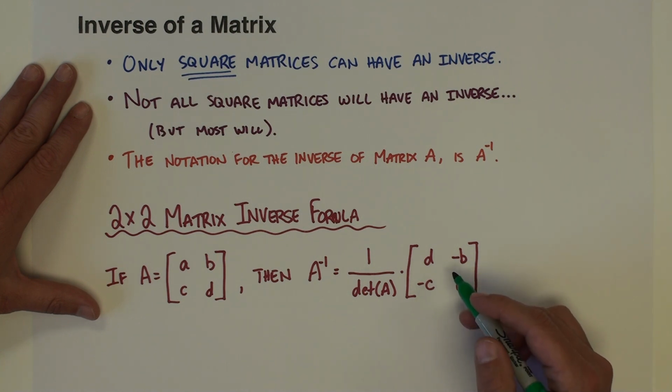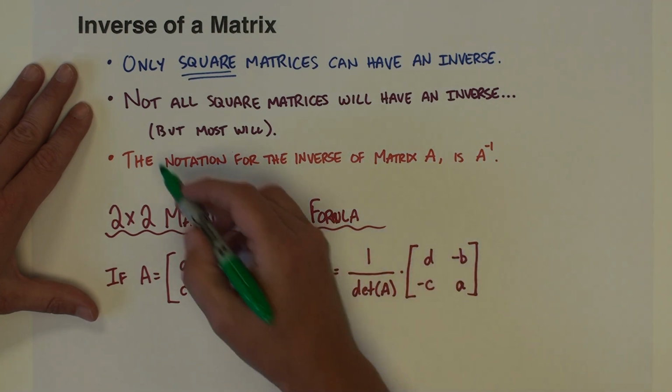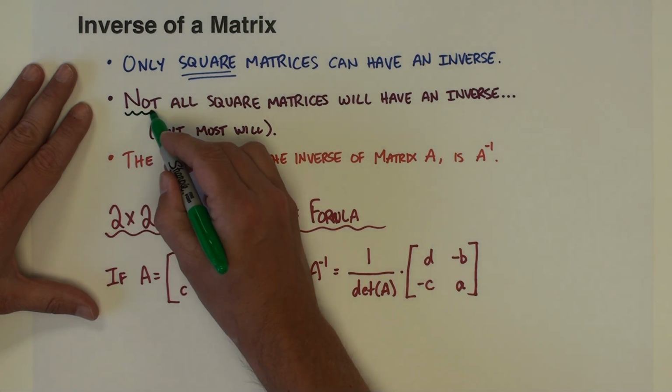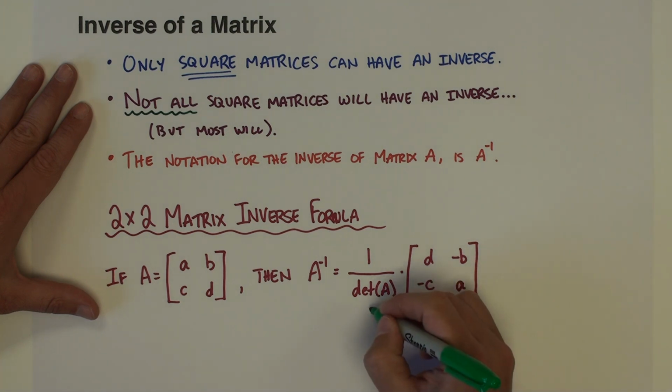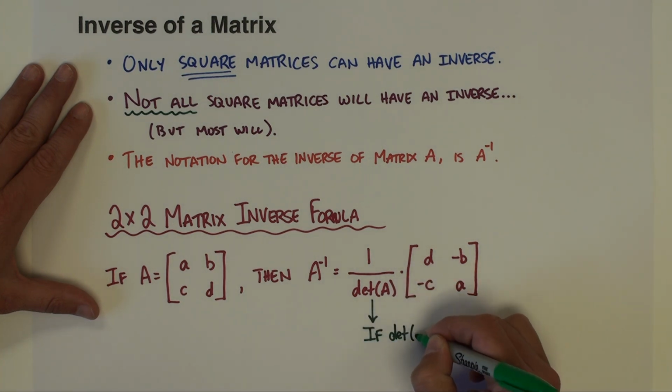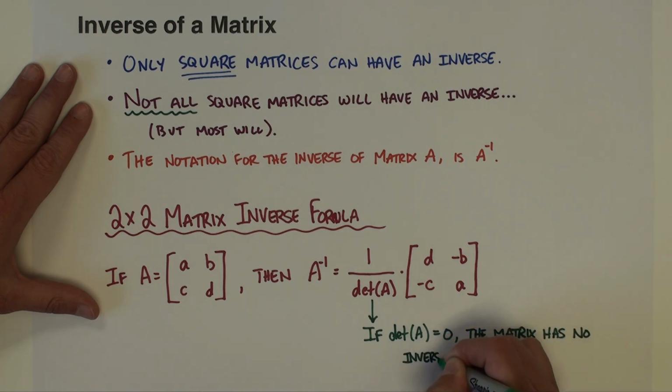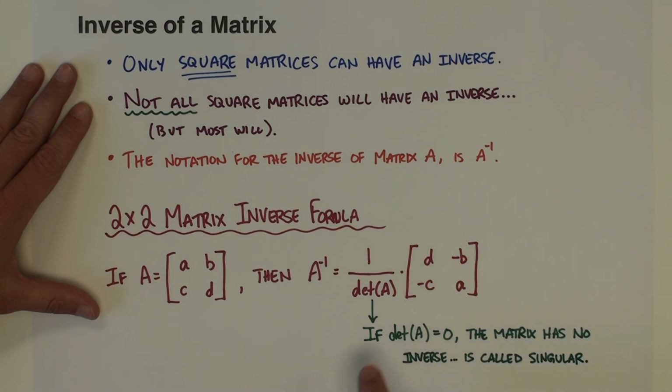Now, I said earlier that not all square matrices are going to have inverses. So let's talk about which ones don't. If the determinant of your original matrix over here is equal to 0, then the matrix is not going to have an inverse.